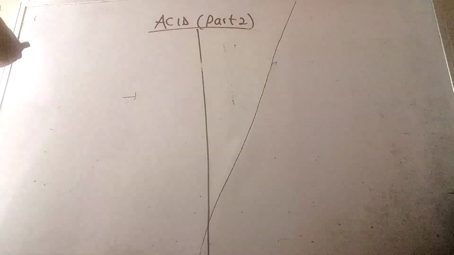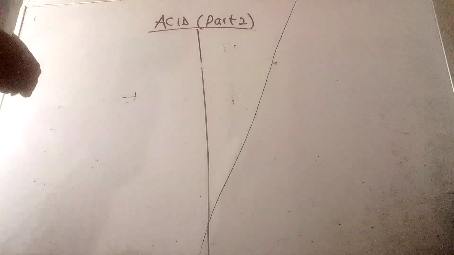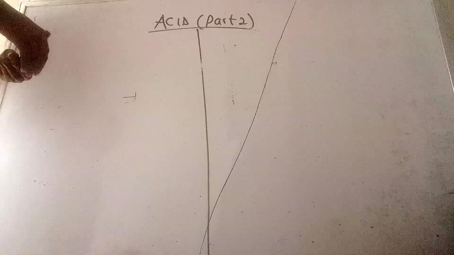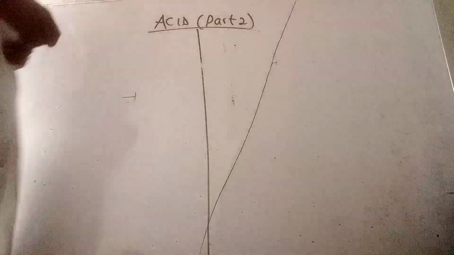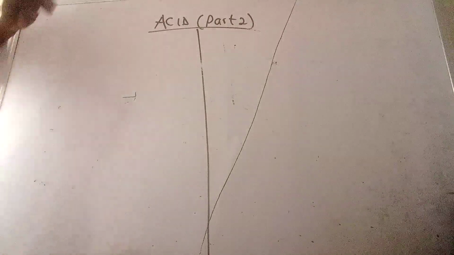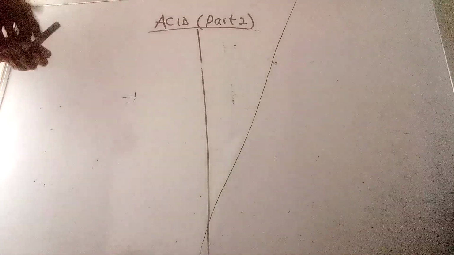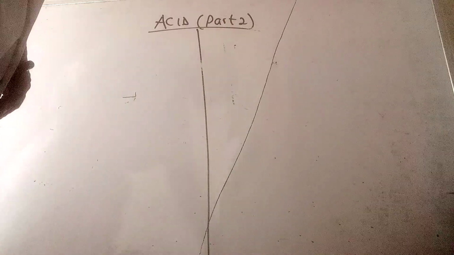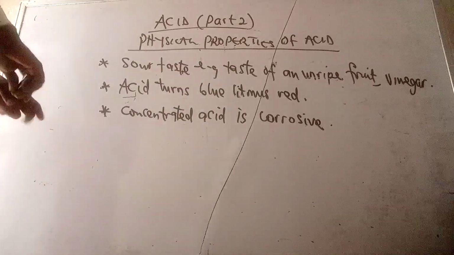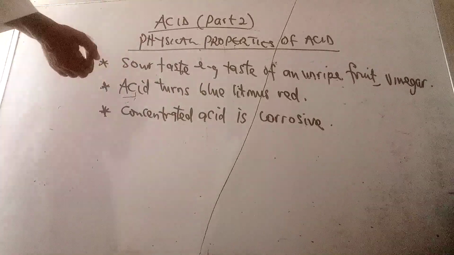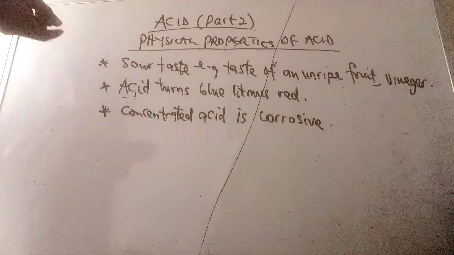Today, we want to have a look at the physical properties of acid. What do you mean by physical properties of an acid? Things that can be physically seen about an acid, such as sour taste.